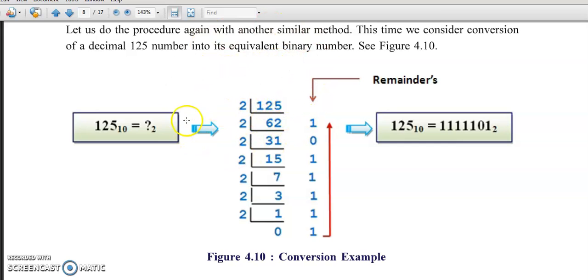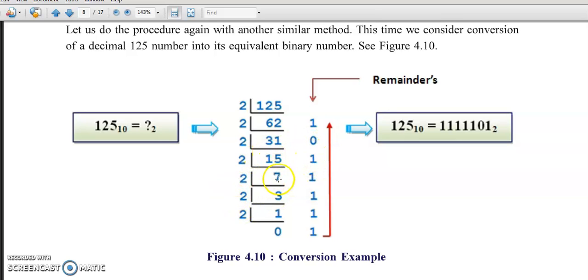Their example is given here, 125. 125 divided by 2, 62 is the answer, remainder is 1. Again we divide 62 by 2, 31 is the answer, remainder 0. We divide 31 by 2, answer is 15, remainder 1.